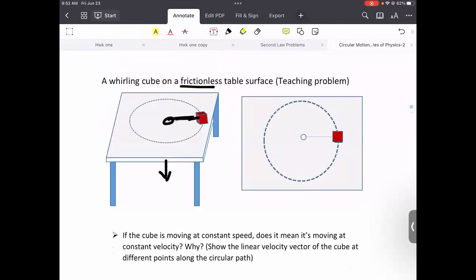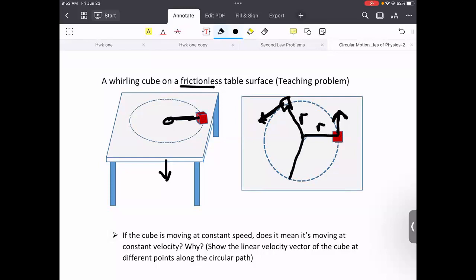For example, right now here, I may have my velocity as this. This is a linear velocity or tangential velocity, and this is the radius of curvature there. And when the cube is somewhere here, the velocity will be in this direction, a straight line. And this is my radius of curvature.